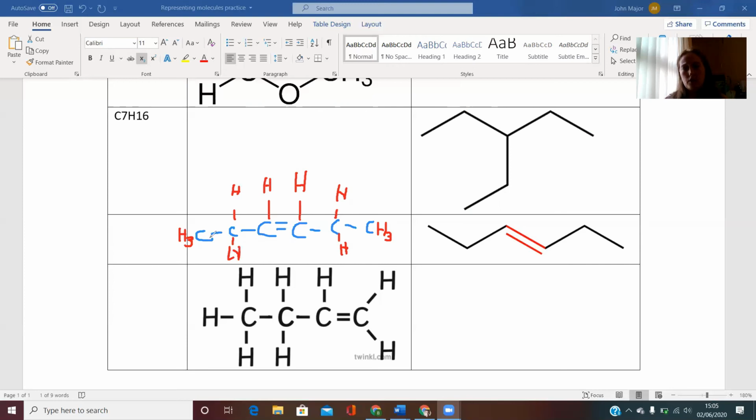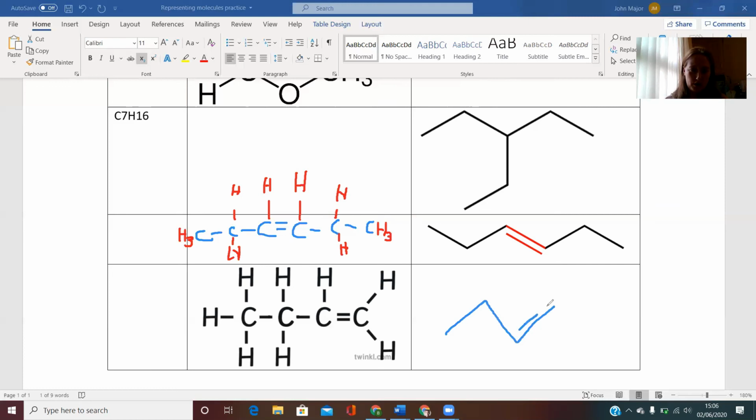1, 2, 3. So it's a 6-carbon chain, double bond on the third, so we say that is 3-hexene. Lastly, we've got 4 carbons here in chain. 1, 2, 3, 4.